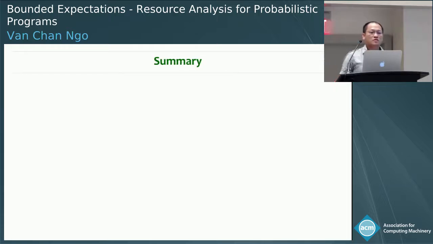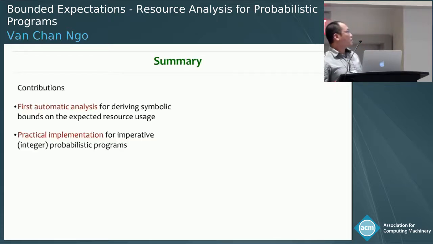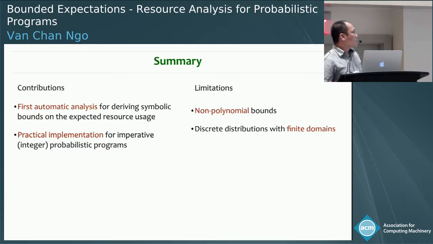So let me conclude. This work presents the first automatic analysis for deriving symbolic bounds on the expected resource usage of probabilistic programs. It also provides a practical implementation for imperative probabilistic programs. However, there are some limitations.